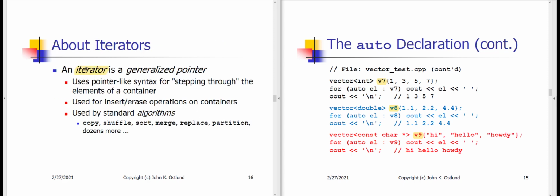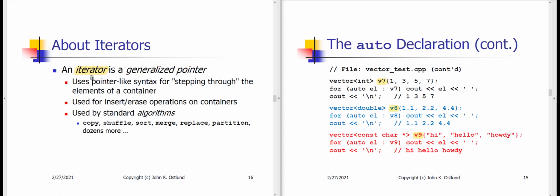All right, next up we're going to take a look at something called an iterator. Now, an iterator basically allows you to use the same syntax that you would use to interact with a pointer, except it's got a more complex inner implementation, if you will, than ordinary pointers do.